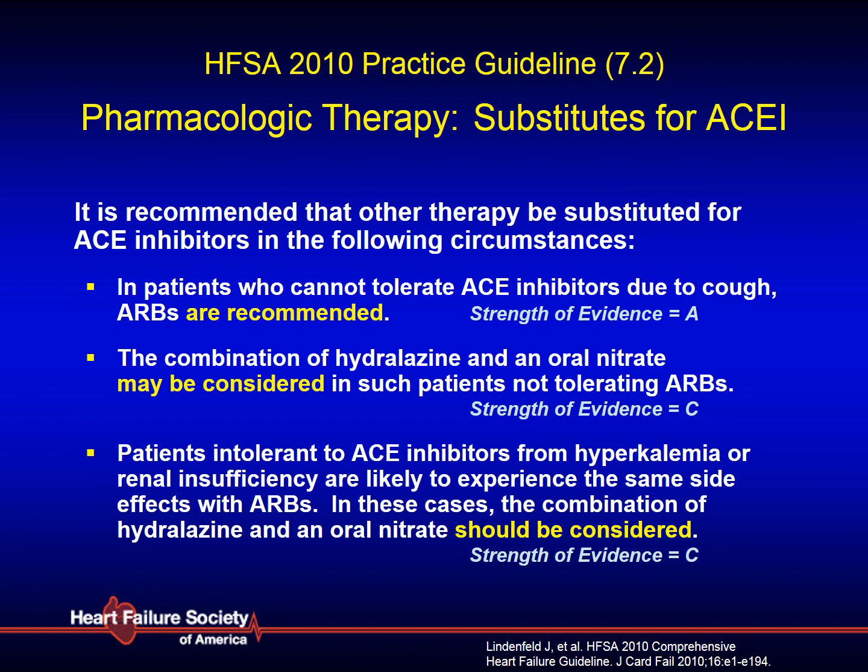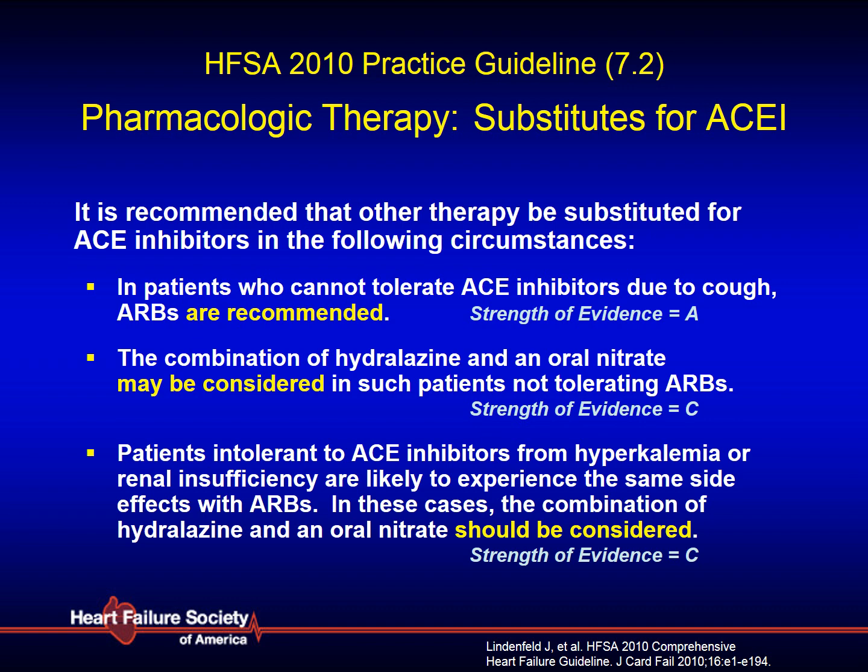If a patient is unable to tolerate an ACE inhibitor due to the dry, annoying cough that we talked about before, then ARBs are recommended as a substitute. If patients cannot tolerate an ARB, then the guidelines recommend the combination of hydralazine and an oral nitrate to be used as a substitute.